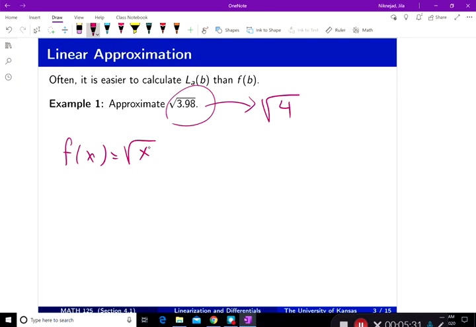In Calc 1, we're going to use the tangent line to approximate. So we basically add or subtract something from the value of the function. In Calculus 2, you use series to approximate the function. So you use information from the second derivative, third derivative, and so on, to approximate the value of the function.